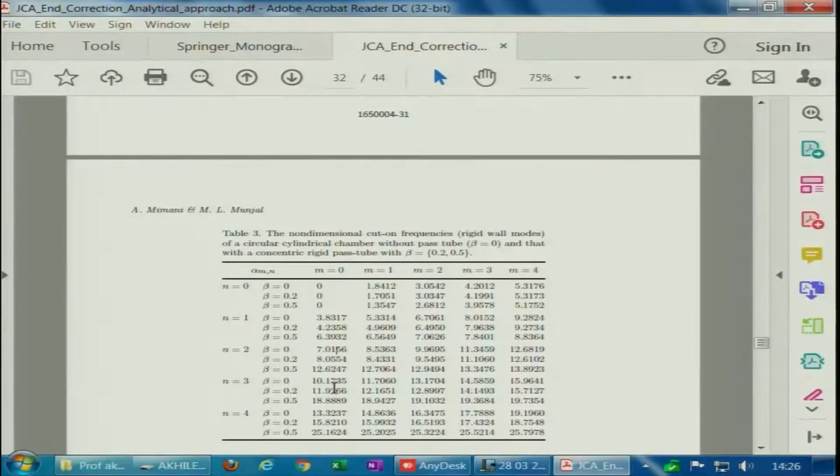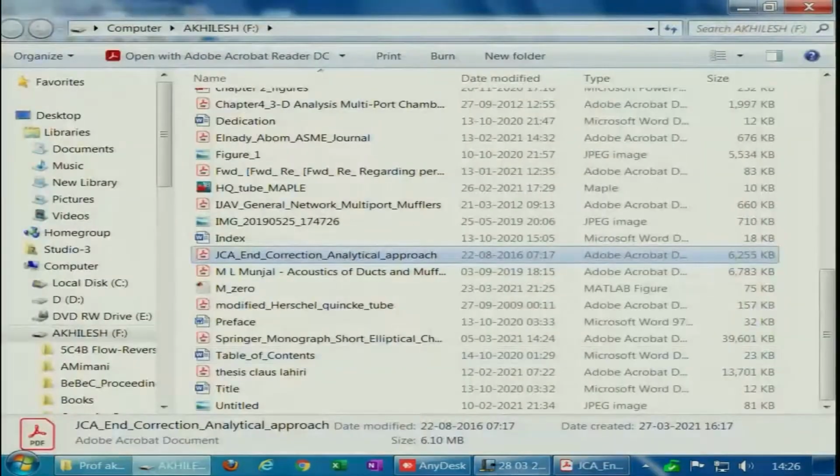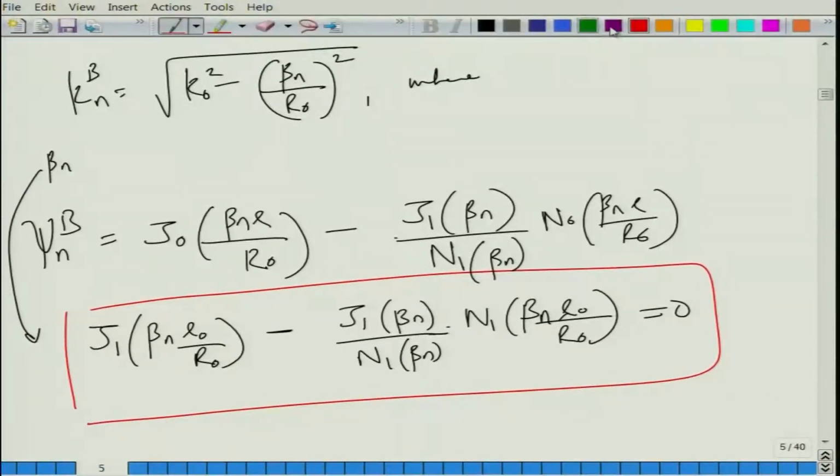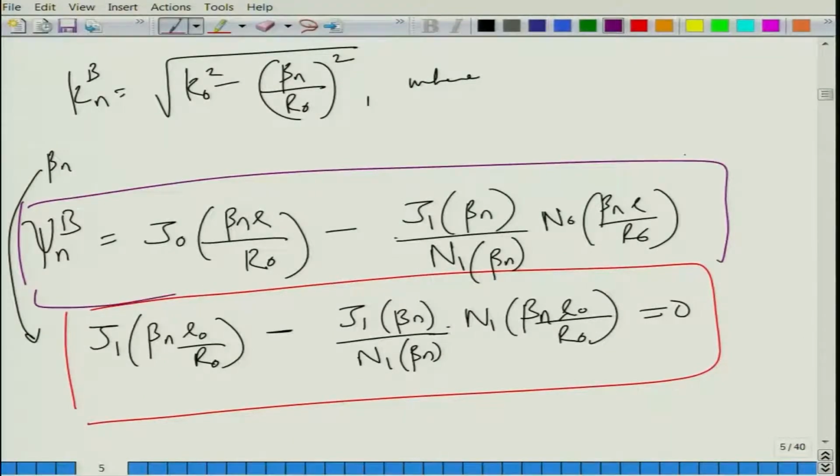So, such values have been prepared for me, and right now we will just consider this one and use that.